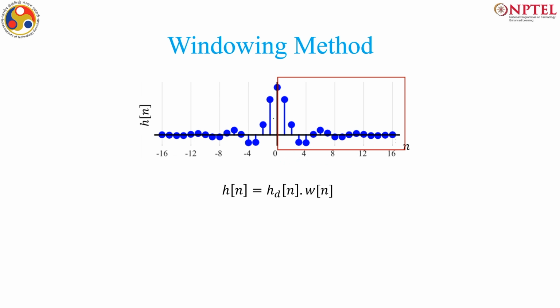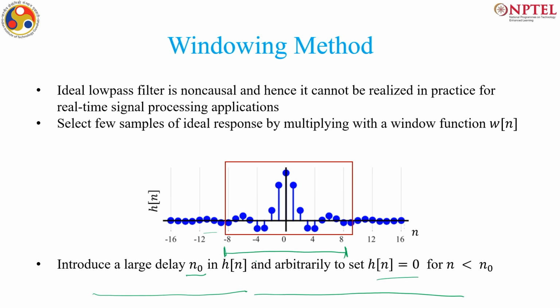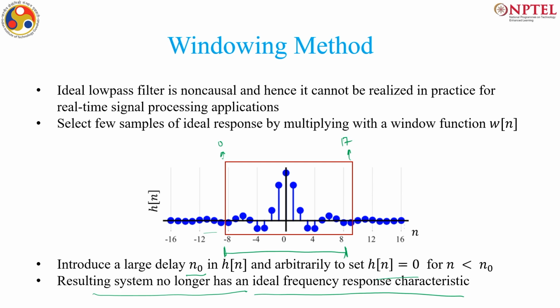I shift the whole signal, and that becomes my h of n. This is my desired response, which is shifted and then multiplied with the window. So, here if this comes to the 0 index and this comes to index 17, it is symmetric and it is finite length. So, this is my final design.